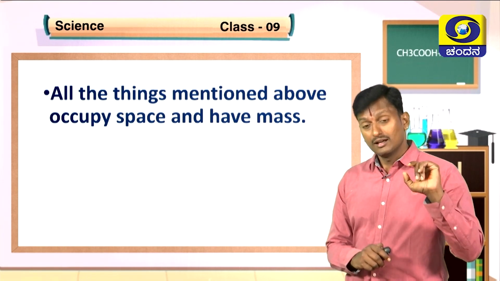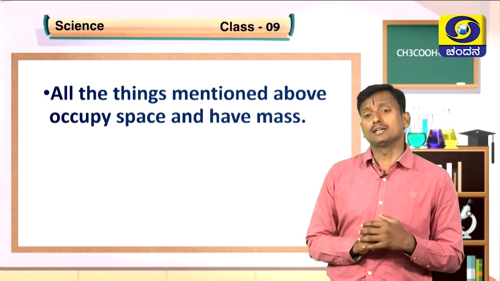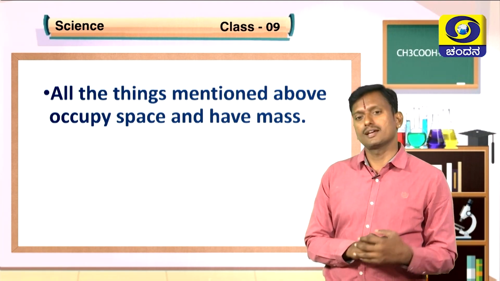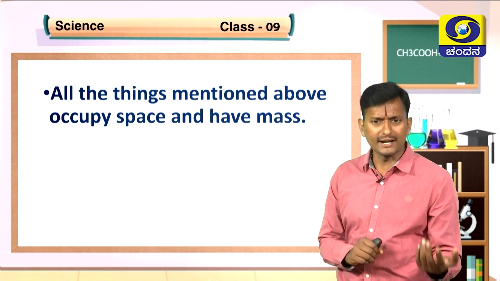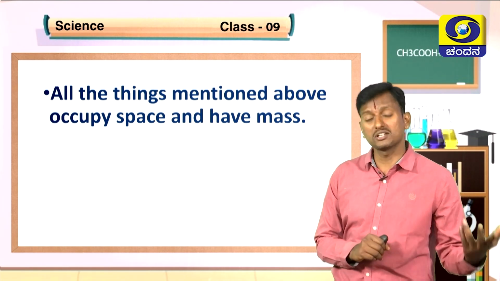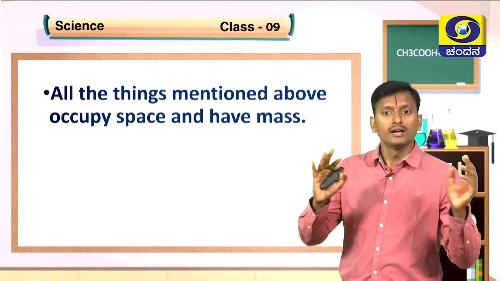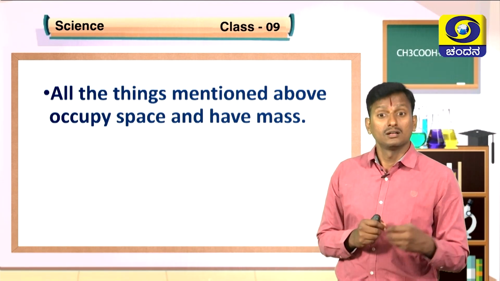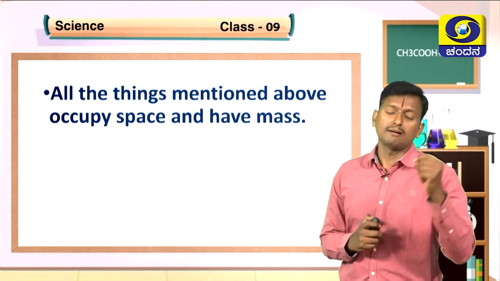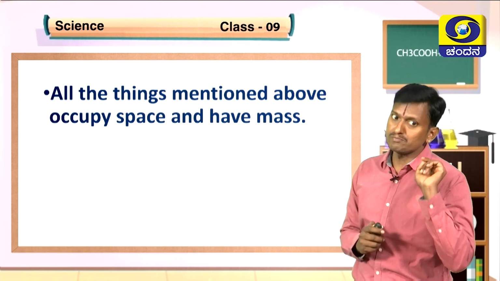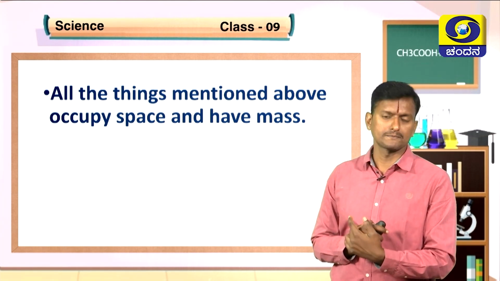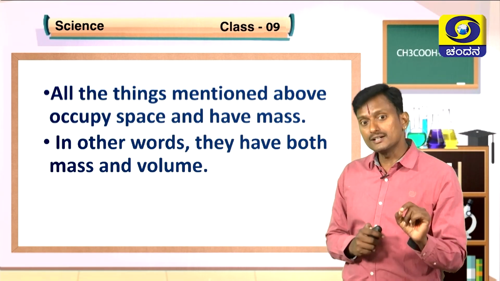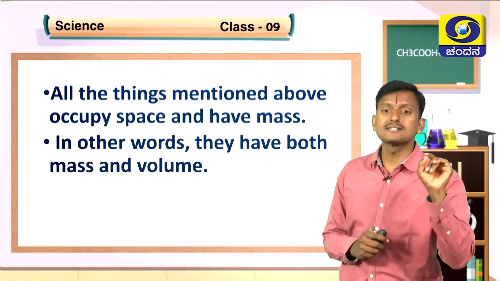So, observe carefully, what we have seen in these pictures as sand, stones, plants, animals, food, clouds, rivers, everything, they have mass and they occupy space. So, all the things mentioned above occupy space and have mass, isn't it? A drop of water also has mass. In other words, they have both mass and volume.